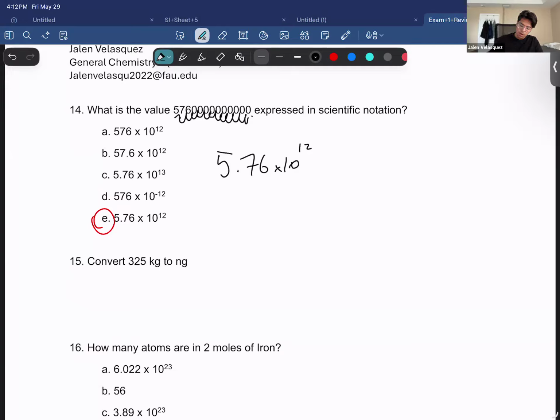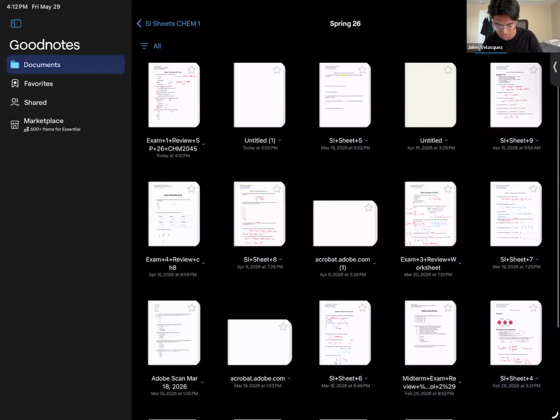So we're starting with 325 kilograms. Let me pull this up so you can visualize the chart I was talking about.